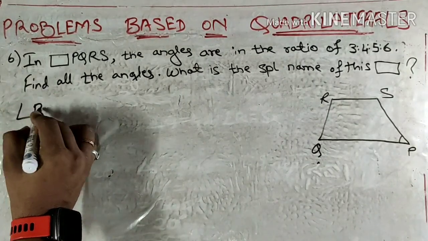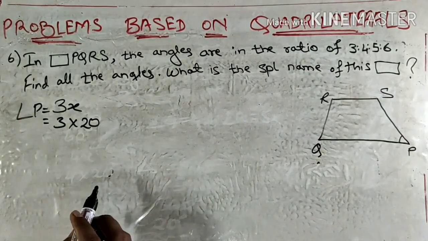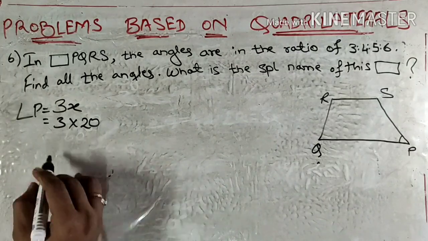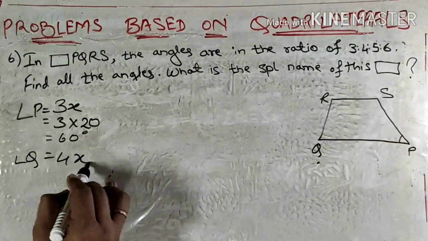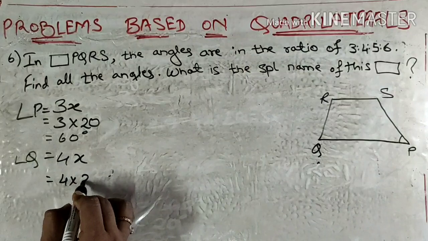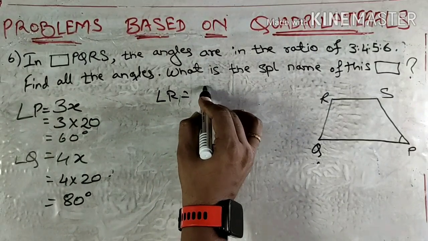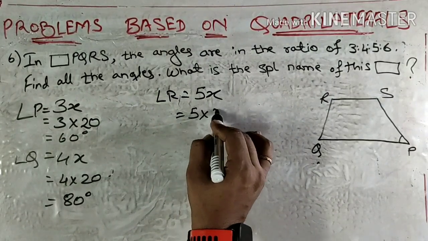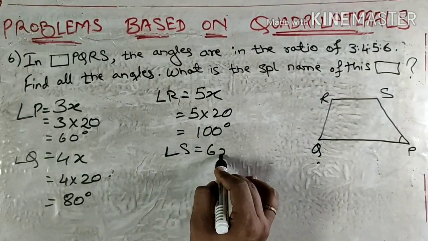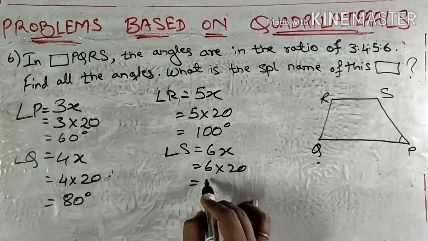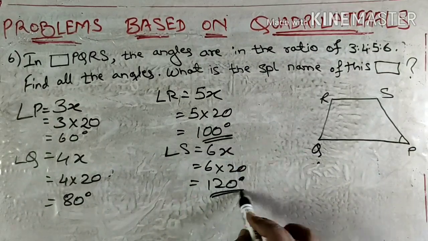So angle P is equal to 3x, which is 3 into the value of x, 20, that we got, 60 degrees. 4x, 80 degrees. 5x, 100 degrees. 6x, 120 degrees.